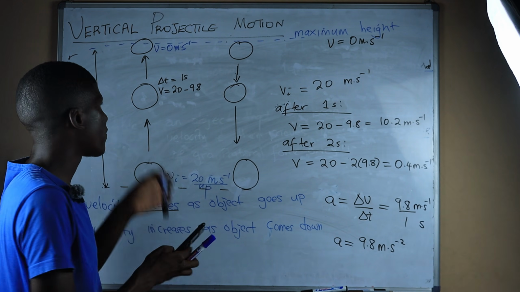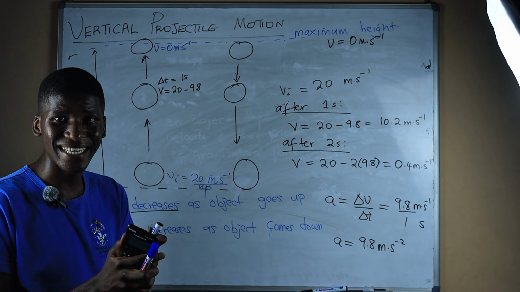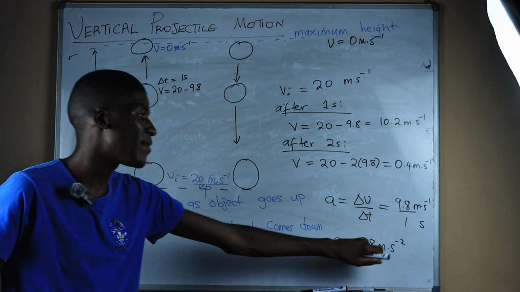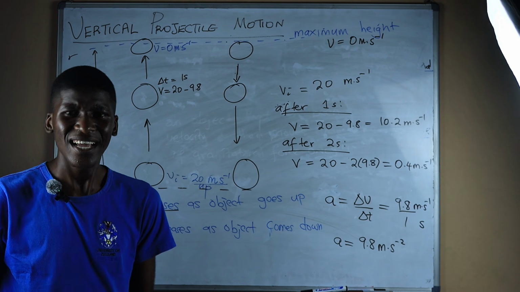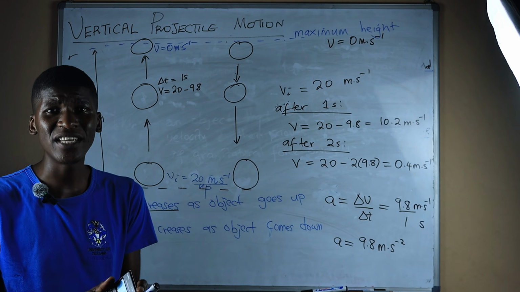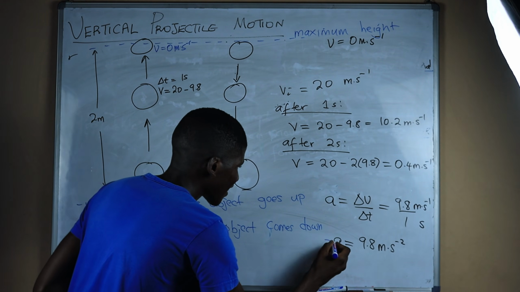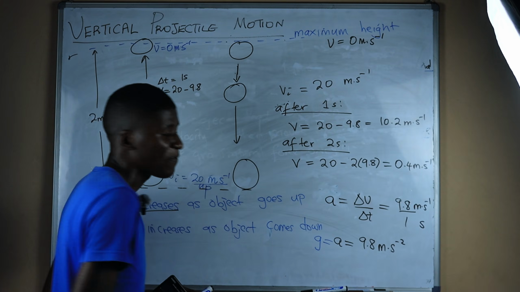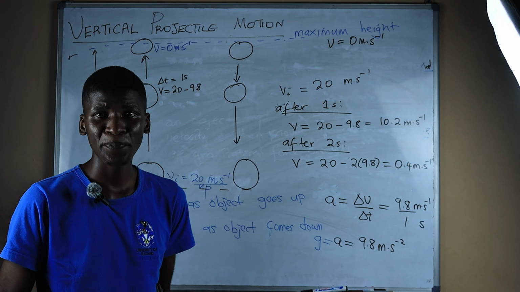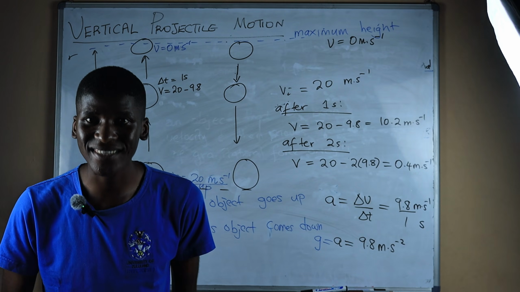Whenever we're dealing with vertical projectile motion, just know that the acceleration remains constant, and this acceleration is 9.8 meters per second squared. This is not the first time seeing 9.8, because you have learned it in energy in grade 10. This acceleration is known as the gravitational acceleration, the acceleration due to the gravitational force.